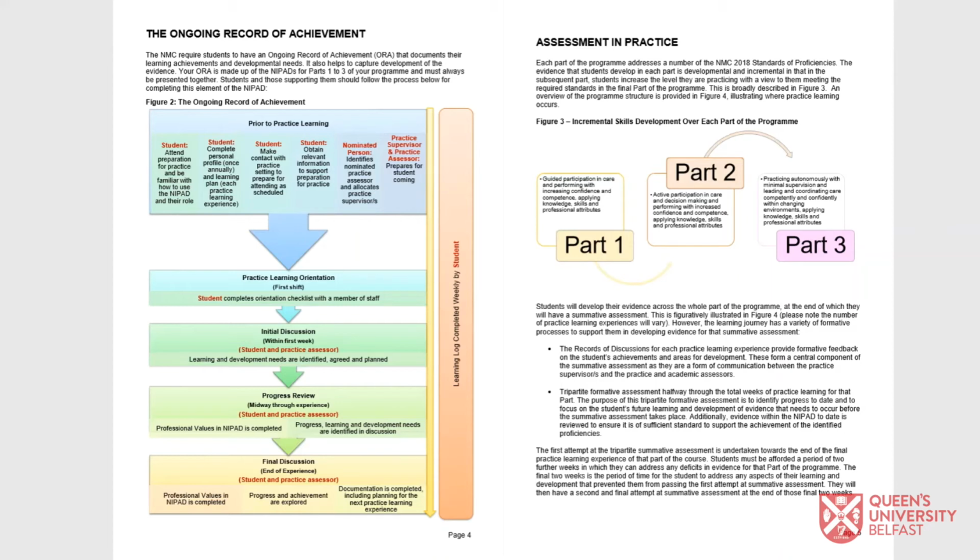In part 2, we want to see active participation in care and decision making, and performing with increased confidence and competence where they apply that knowledge, skills and professional attributes. In part 3, students should be practicing autonomously with minimal supervision and leading and coordinating care competently and confidently, and that needs to take place within changing environments where they again apply knowledge, skills and professional attributes.